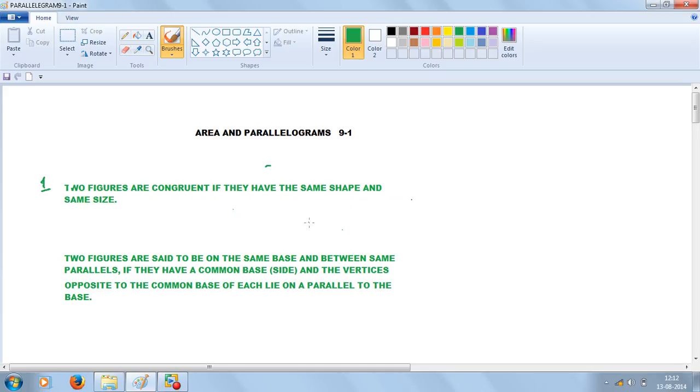If we take a triangle, we can compare it with another triangle. Each side should be the same, and each angle should be the same. Then only the two triangles are congruent to each other.